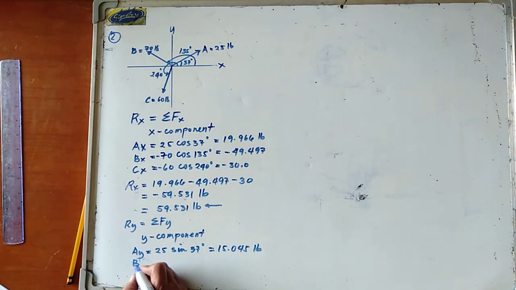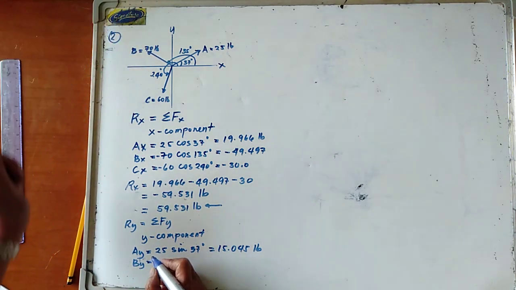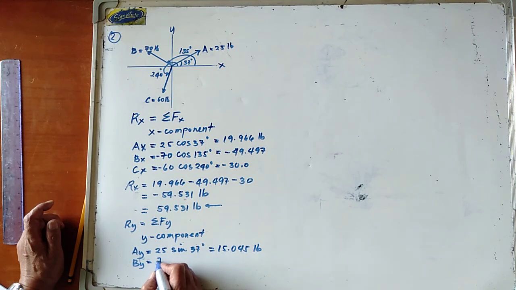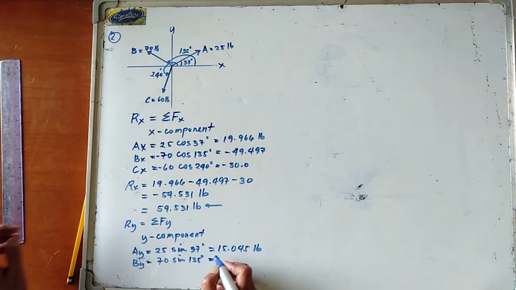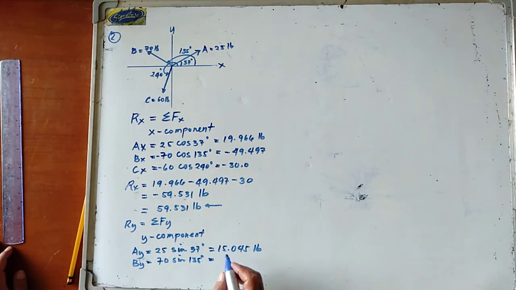Then By is still going up, so that is 70 sine of 135 degrees, which is equal to 49.497 pounds.